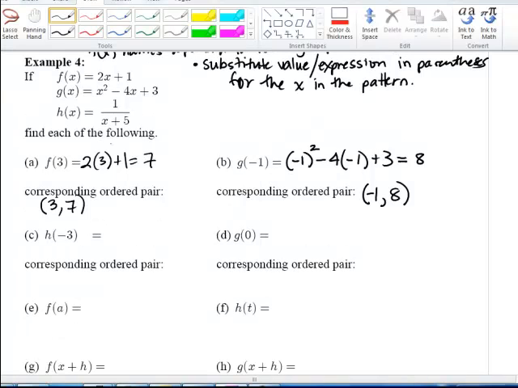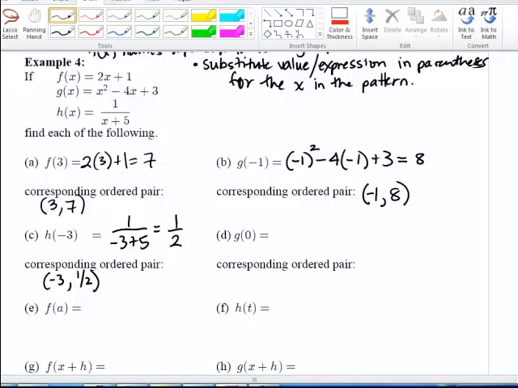And then moving on to the pattern called h, if I want to find h of -3, I'll substitute -3 for the x in pattern h. So it'll be 1 over -3 plus 5, so a half. And once more we can write the ordered pair. -3 is the input, and the output we calculated would be a half.